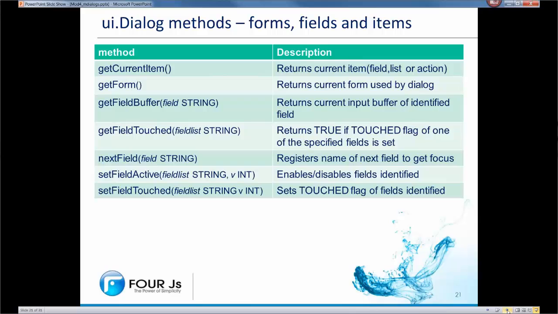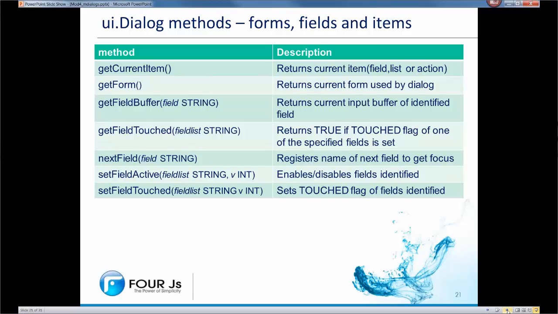There are ways for identifying fields within a dialog method. You can identify the fields by using things like get current item, get form, what is the form being used, get the field buffer, what is the input buffer of the identified field, get field touch, it'll return either a true or false if there is a touch flag.